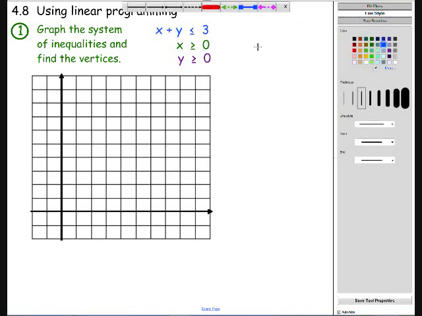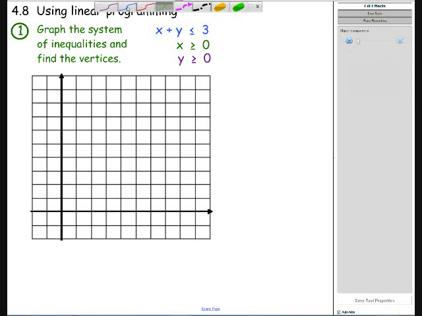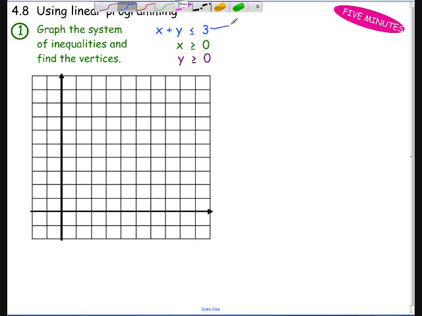We're going to graph this system, and you remember that I like to transform this into slope-intercept form, particularly for inequalities, because then I can use this symbol to help me understand which side of the boundary line I am going to be shading. So I subtract x from both sides.